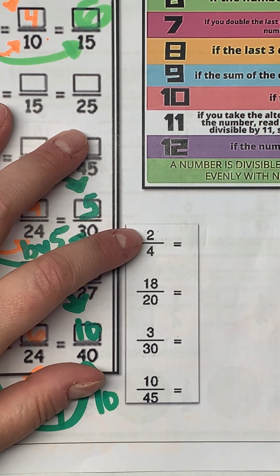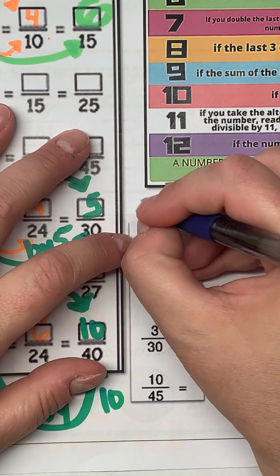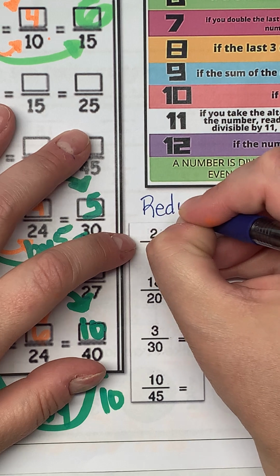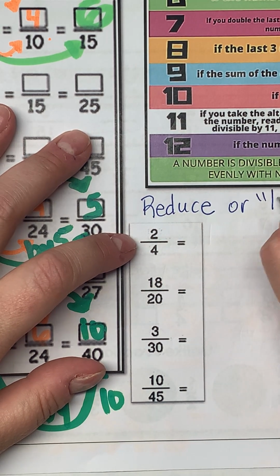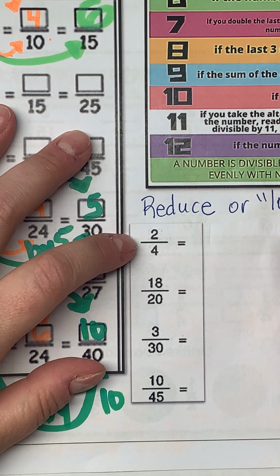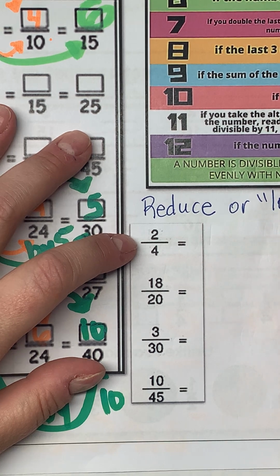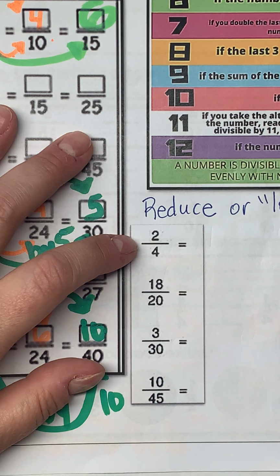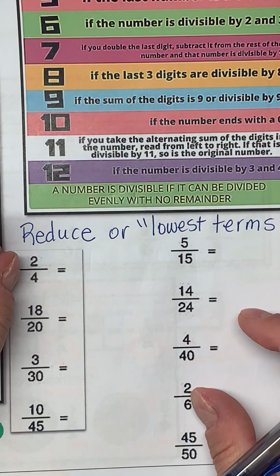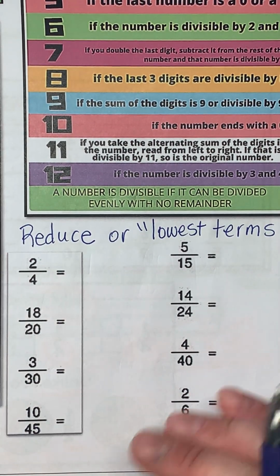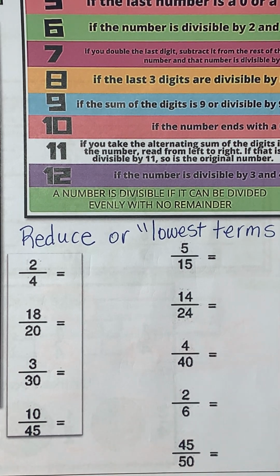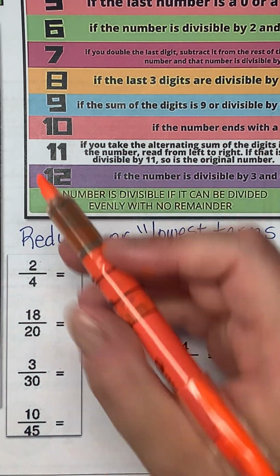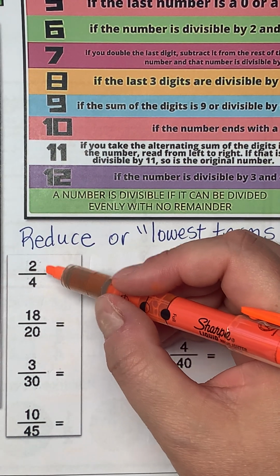The fancy words that you're going to see in your homework are the words reduce or the words lowest terms. And that means the same thing. Get an equivalent fraction. And instead of multiplying to get those numbers, we're going to divide to get those numbers. So let's look at this first fraction, 2 and 4.